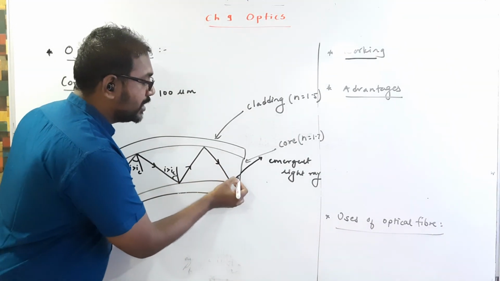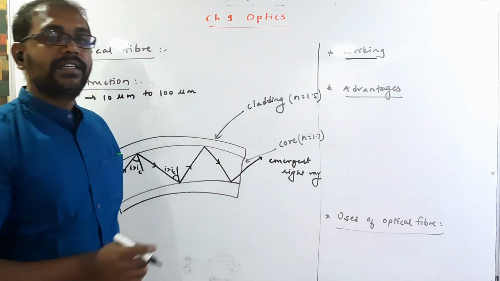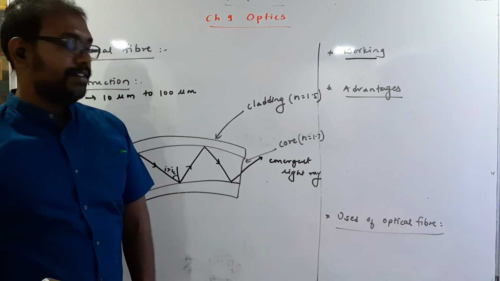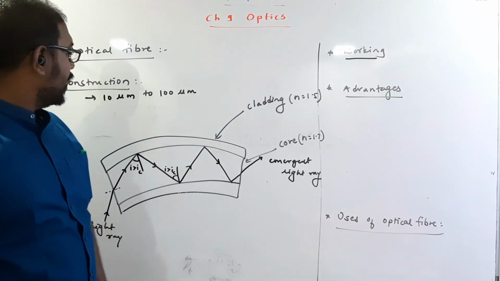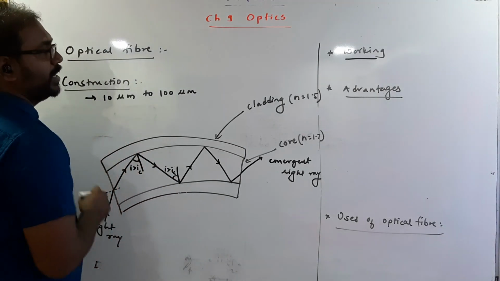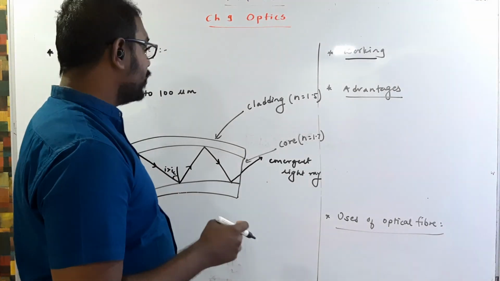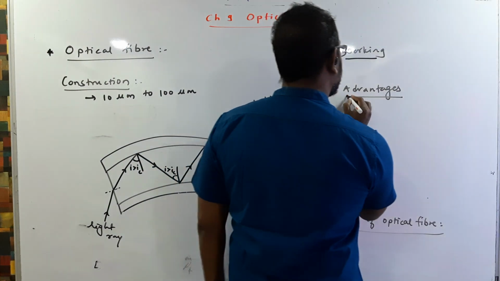So before emerging through the other end, it suffers multiple internal reflections, and this is the working of the optical fiber.